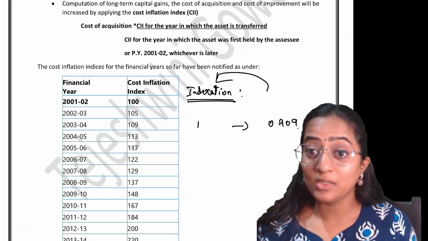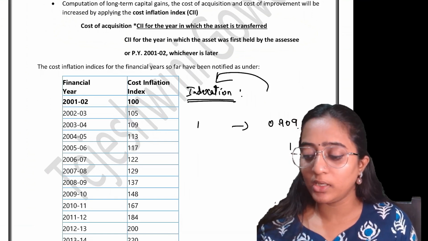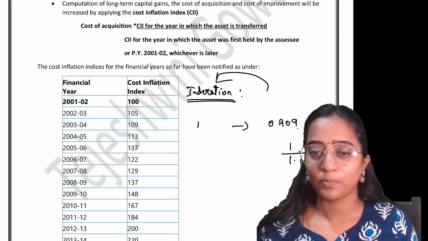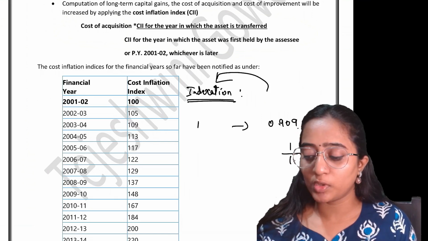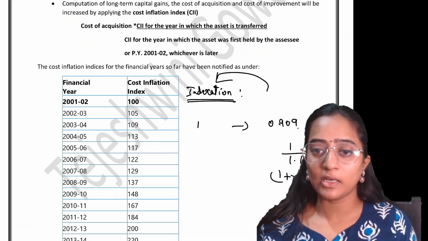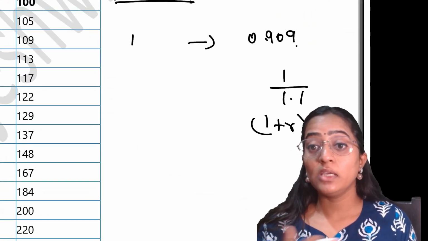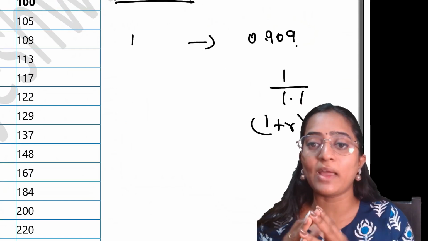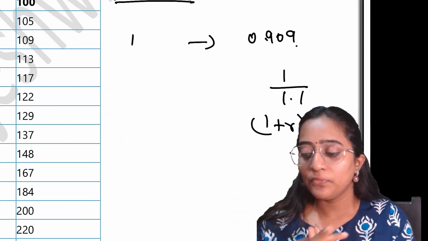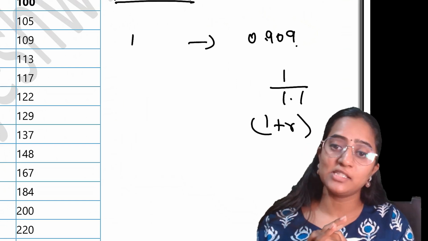You remember in your financial management, you used to do 1 divided by 1.1. That is 1 plus R. What is 1 plus R? 1 plus the rate, whatever the discounting factor that you are going to add. If you do this, you are going to get 0.909.